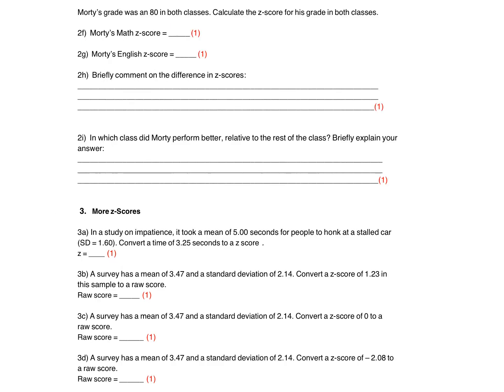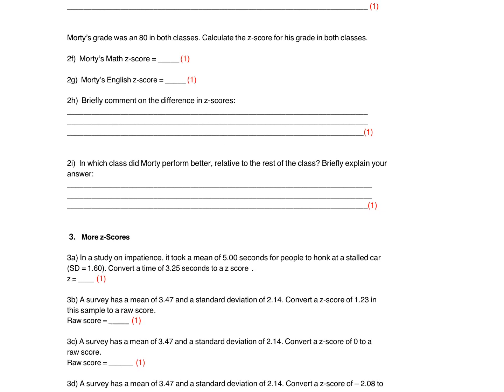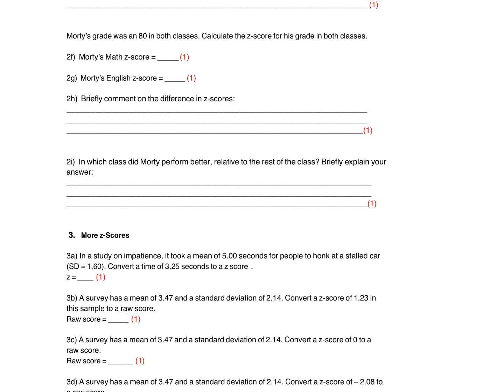Okay, the last part of this assignment had to do with your Z-scores, and remember we did those in data management as well. In order to get your Z-score, what's Morty's grade? Okay, so let's say that our mean was 71%, okay, in the math class.